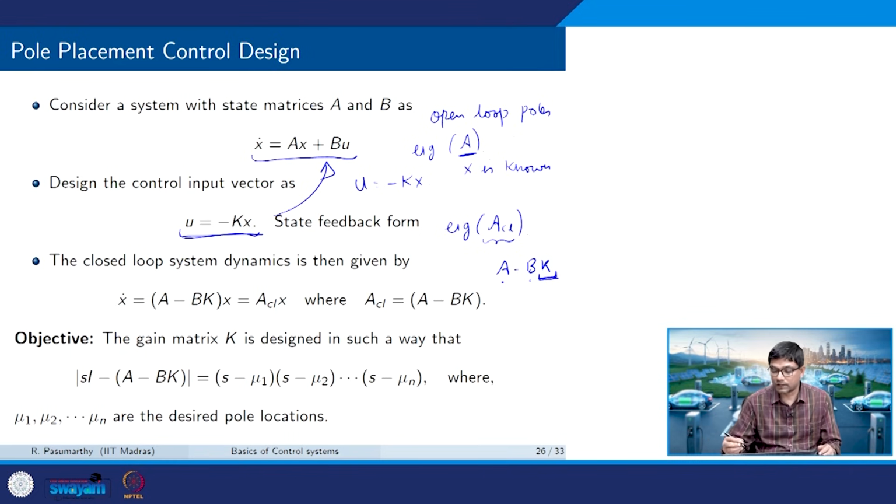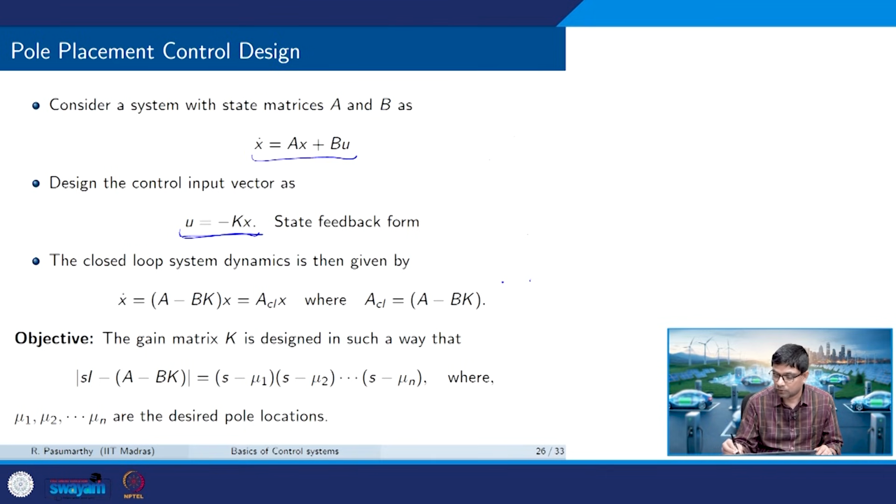Okay. Now, how does that translate to solving a control problem? So, what I would look at is the following. If I know that my poles are to be placed, say in a second order case, at -1 and -2, this will result in a characteristic equation of the form (s plus 1)(s plus 2).